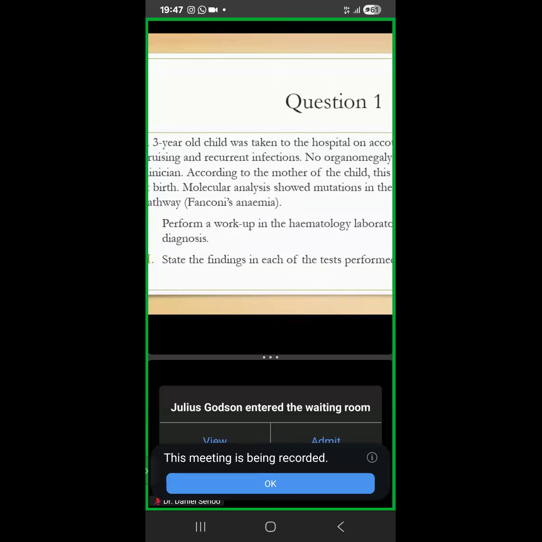Workups are just about the things that we do to arrive at a diagnosis. That's what they are about.